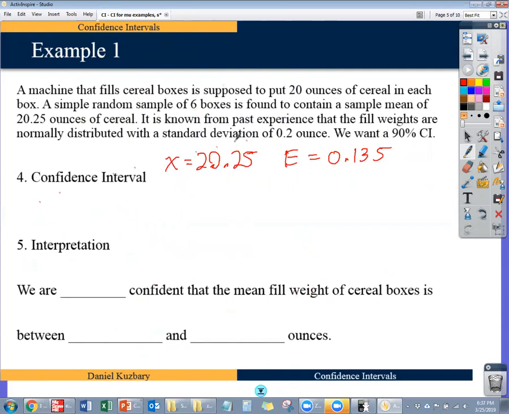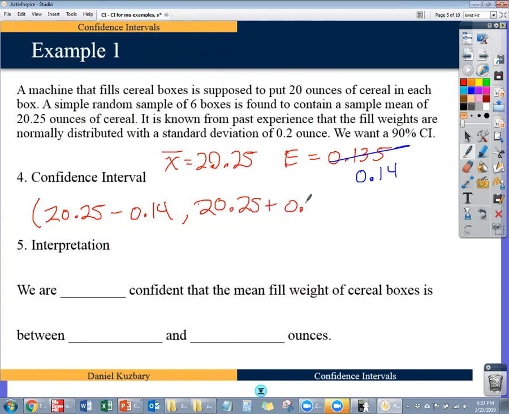Then my confidence interval ends up being x bar minus E and x bar plus E. So what I'm doing is 20.25 minus 0.14, rounding that to 2 decimals, which is just nicer because the other value is in 2 decimals too, and 20.25 plus 0.14.